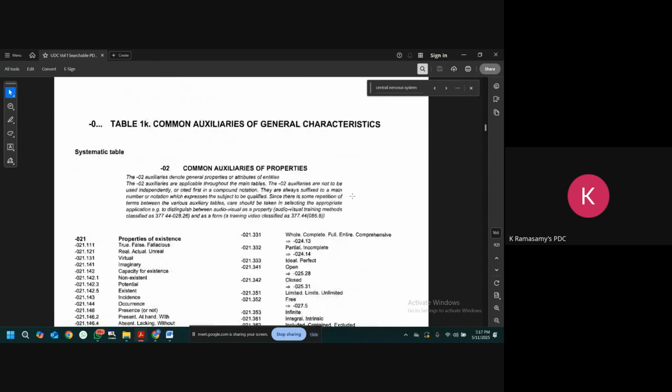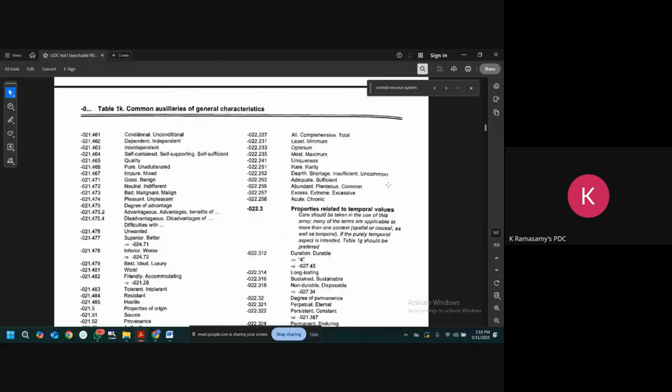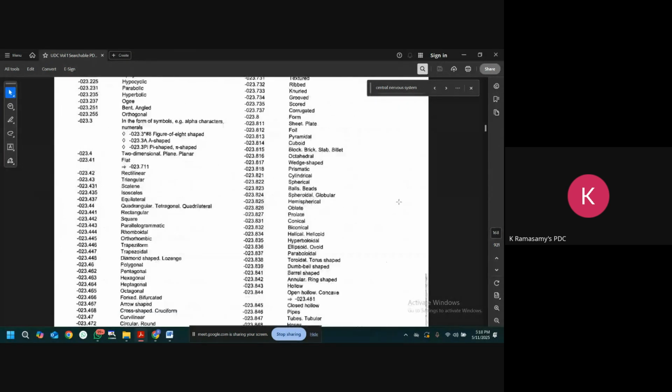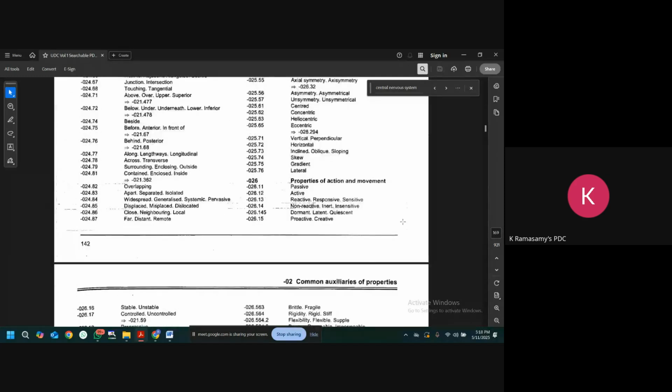1H is there. Then there are some common auxiliaries meant for representing general characteristics. Just like colon classification, here also the authors have promoted something called common auxiliaries, like common auxiliaries of properties, -02. Properties is nothing but attributes, which we'll discuss in detail.